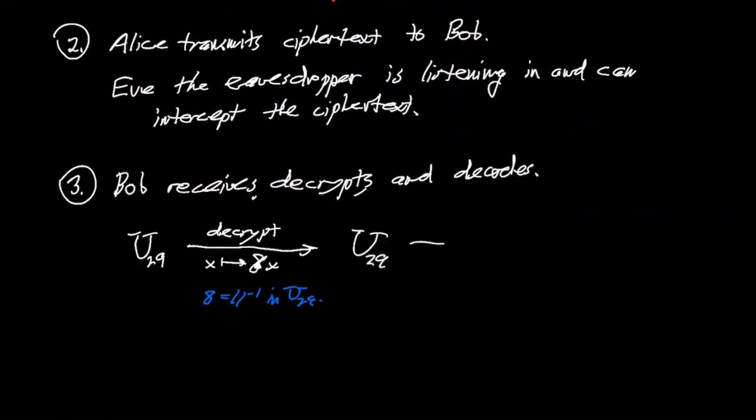And then he decodes. Now 1 becomes A, 2 becomes B, and so on, and you get back to the alphabet. Okay. And so he turns the ciphertext into the plain text. Right, so the encryption turns the plain text into the ciphertext.